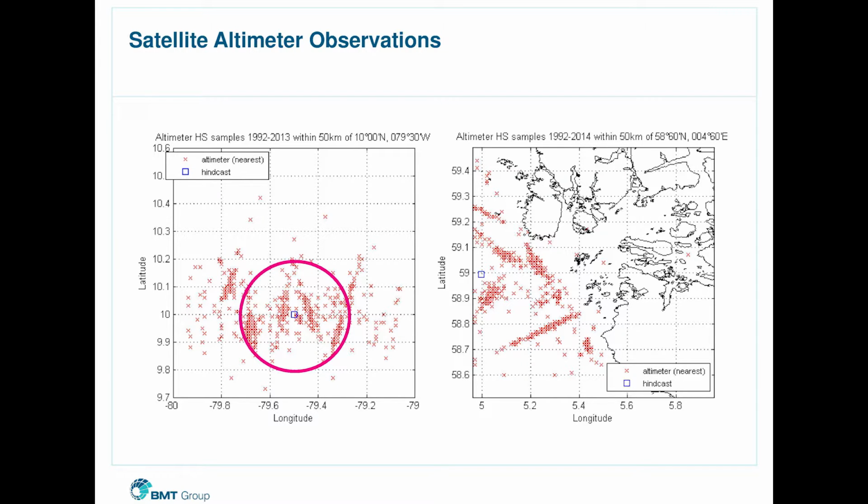This is one grid point in our model, this blue square, and typically in our scheme of things we would define a radius of influence around that grid point, and we collect all of the historical altimeter passes within that radius of influence, and then we subset our continuous numerical model hindcast so that we form a time series of concurrent pairs of model simulation and satellite observation.